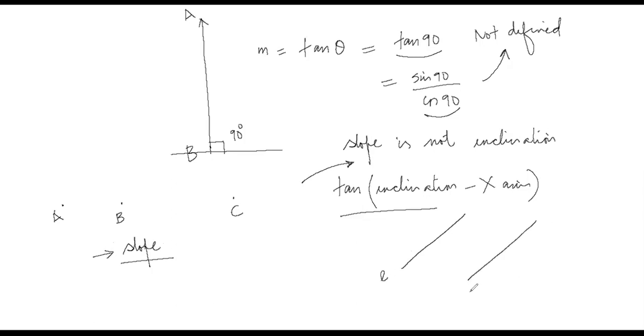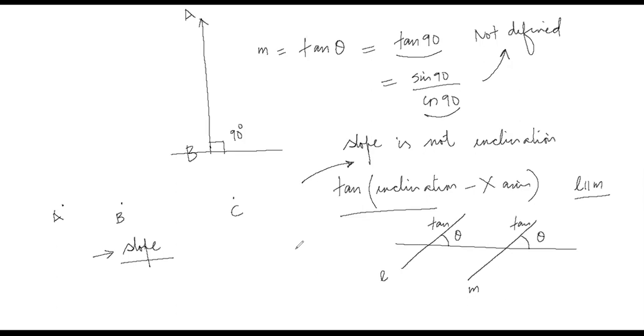Let's say this is L and this is line M. Well, students, we know that in case L is parallel to M, this angle and this angle, being corresponding angles, will be equal. I can say this is theta and this is also theta. Or the inclination of both lines with the positive x-axis is the same. Hence, the slope of this is tan theta. The slope of this is also tan theta, the same.